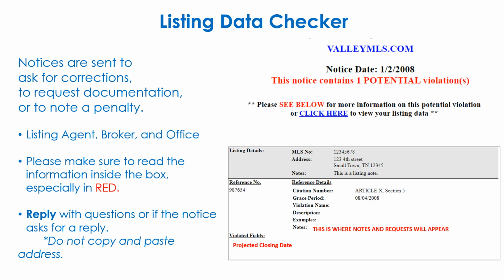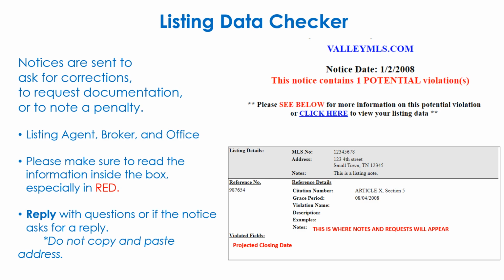It goes to the listing agent, the broker, and if there's an office email, it would go there as well. Please make sure to read the information inside the box, especially what's highlighted in red to the right. Finally, reply with questions, or if the notice asks for a reply, please make sure you respond in an efficient amount of time, and do not copy and paste the address as noted at the bottom below.